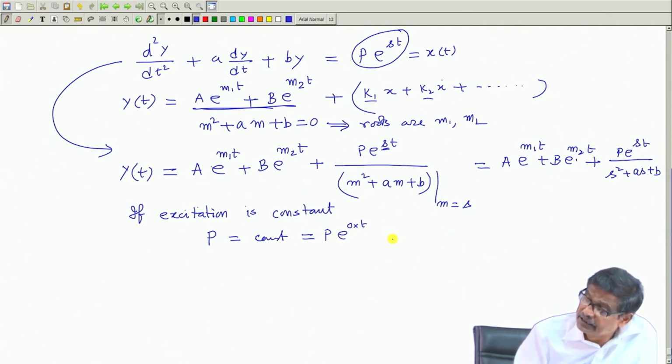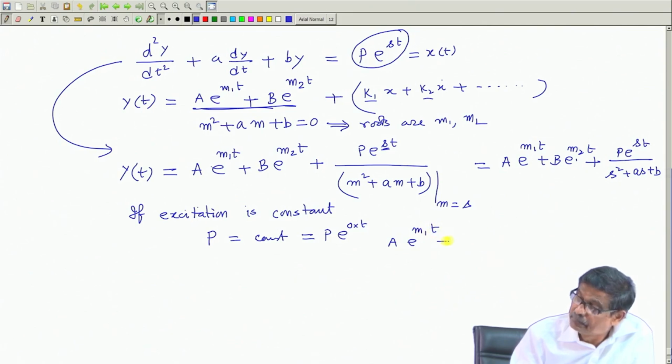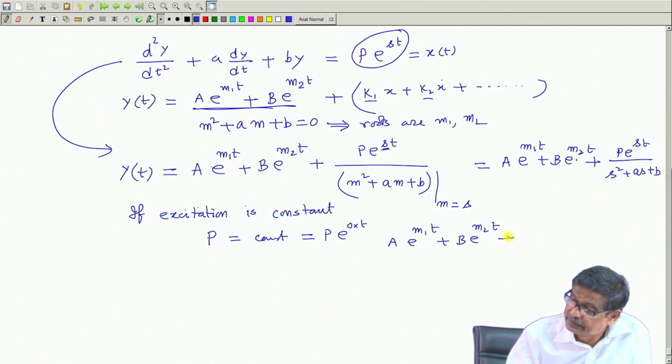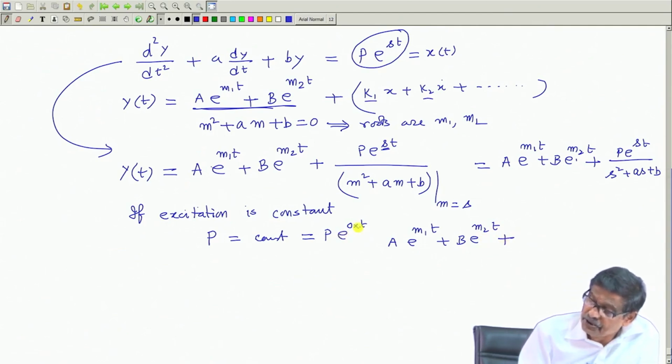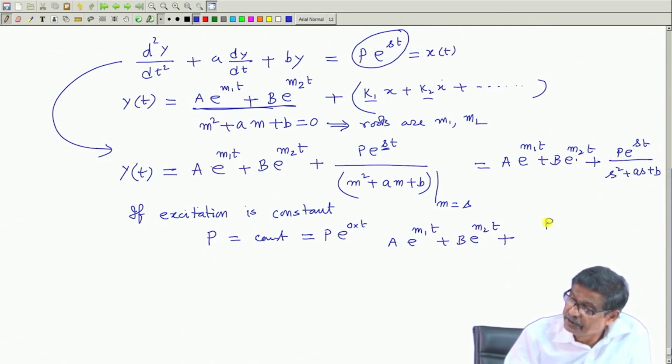So, the solution then will be a into e to the power m 1 t plus b into e to the power m 2 t plus p into e to the power 0 t, that is p, divided by s square plus a s plus b with s equal to 0.